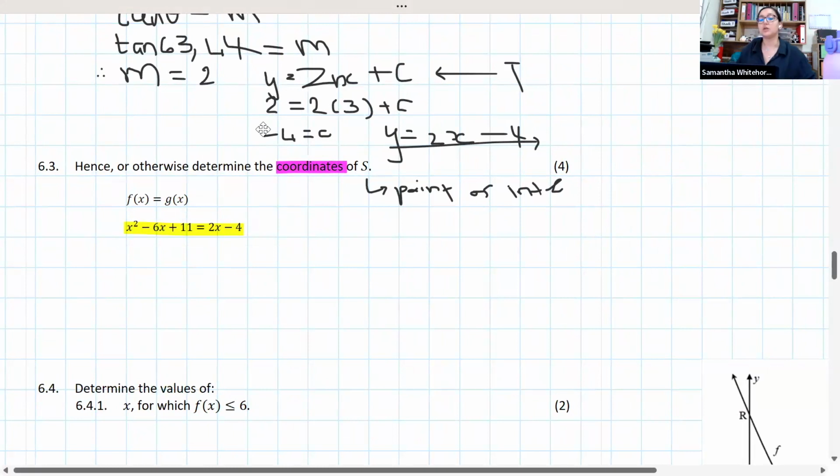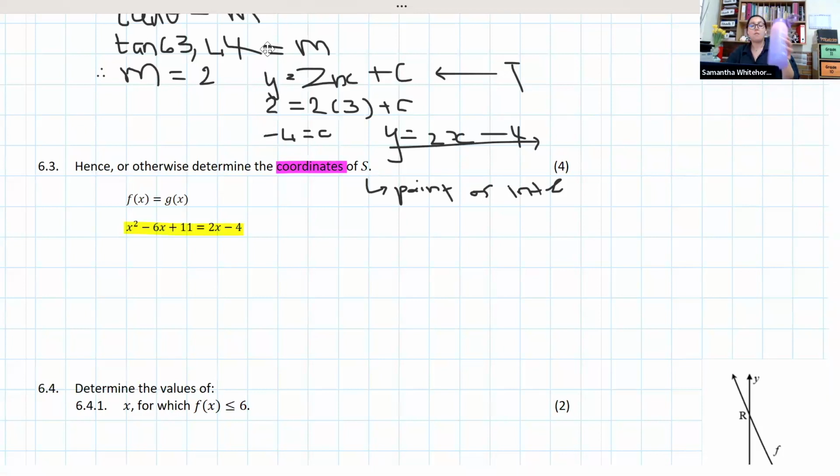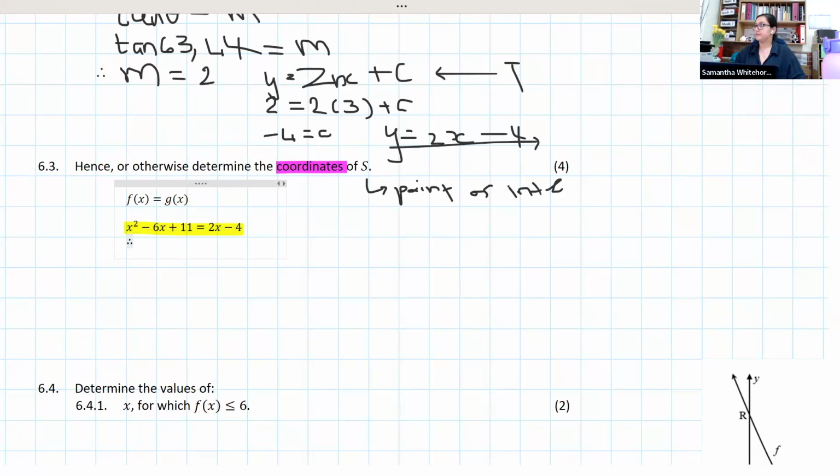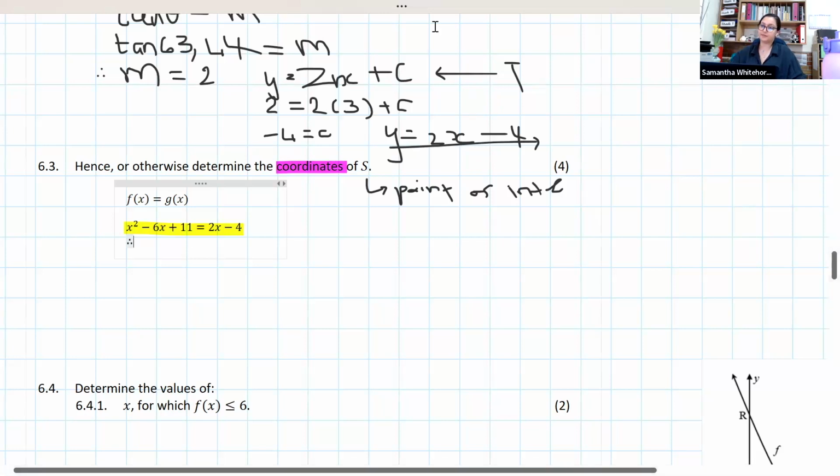I want you to tell me what the coordinates of S are. Remember, you're welcome to put it in the chat as well.